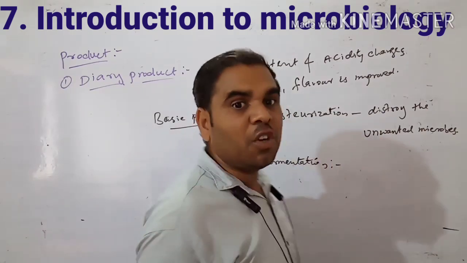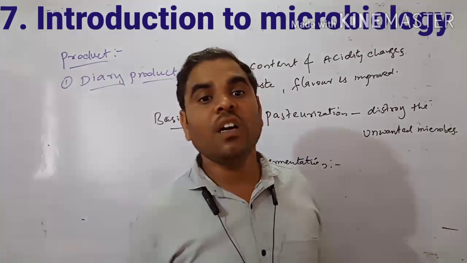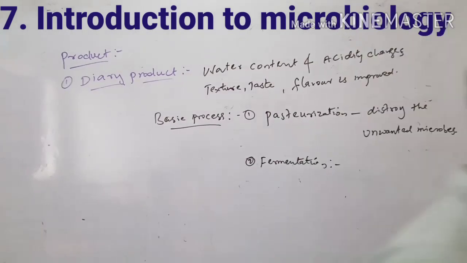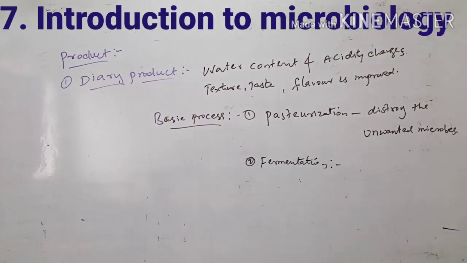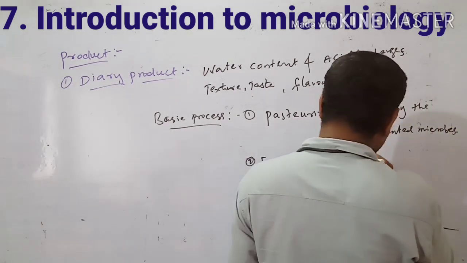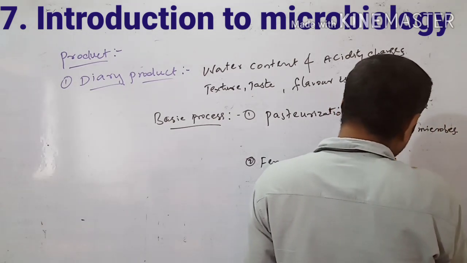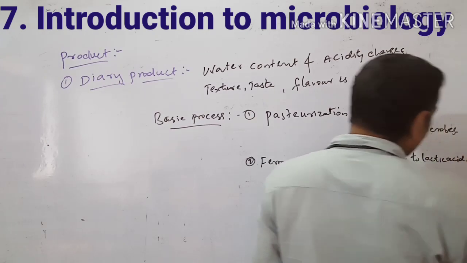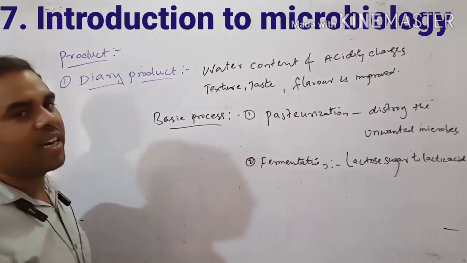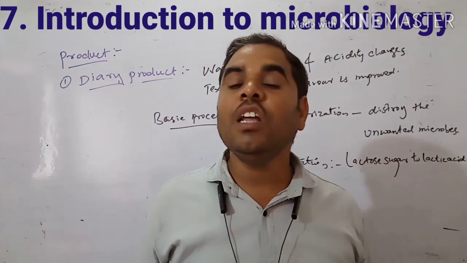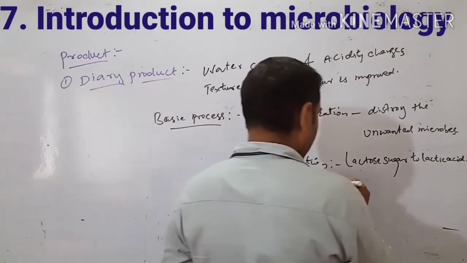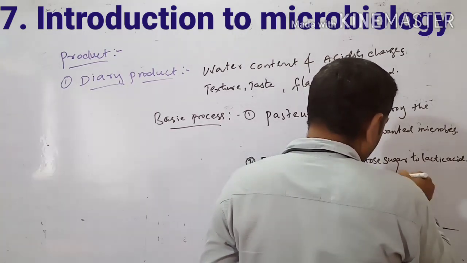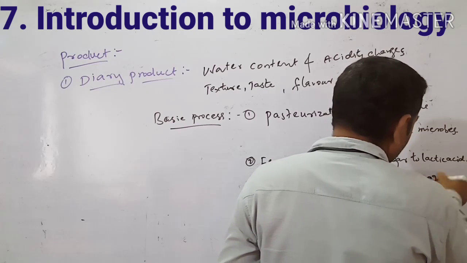In the fermentation process, lactose sugar is converted into lactic acid, and the milk protein undergoes coagulation.